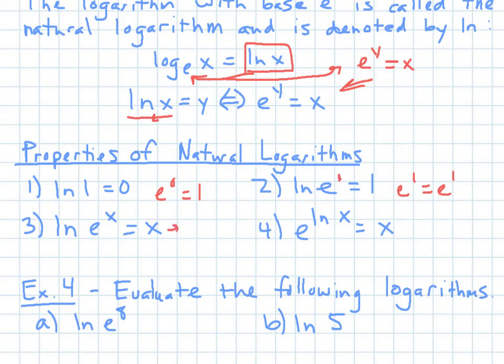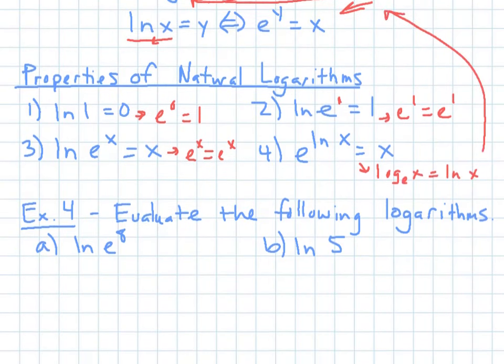And then for 3, we say e to the x is equal to e to the x if I wanted to switch that around. So that's why ln of e to the x equals x all the time. And then same thing for this one. We would change this to logarithmic form. So then, because you have an e there, it's log of x base e, which is equal to ln of x, which we said was the true statement up there.